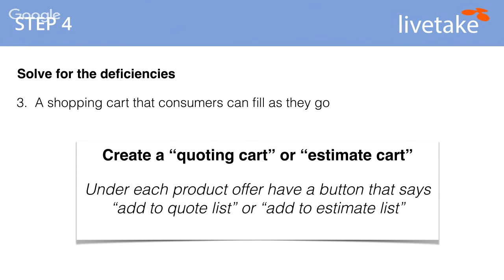They're saying, I'm interested in getting a quote on this particular product and this product and that product, and they get this shopping experience, right, where they're adding things to a cart. The only difference is the cart here is to actually get estimates on that when the person comes to your home to do the sales presentation. But this makes it feel like I'm shopping, right?